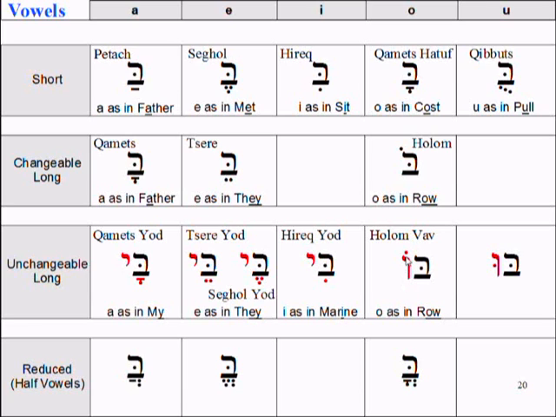It's actually being used as a vowel in this case. And we have a shurik, which is the same sort of deal as the kibbutz up here. So it's a vav with a dot in the middle of it. And that's often an oo sound, as in rule. So this is boo.